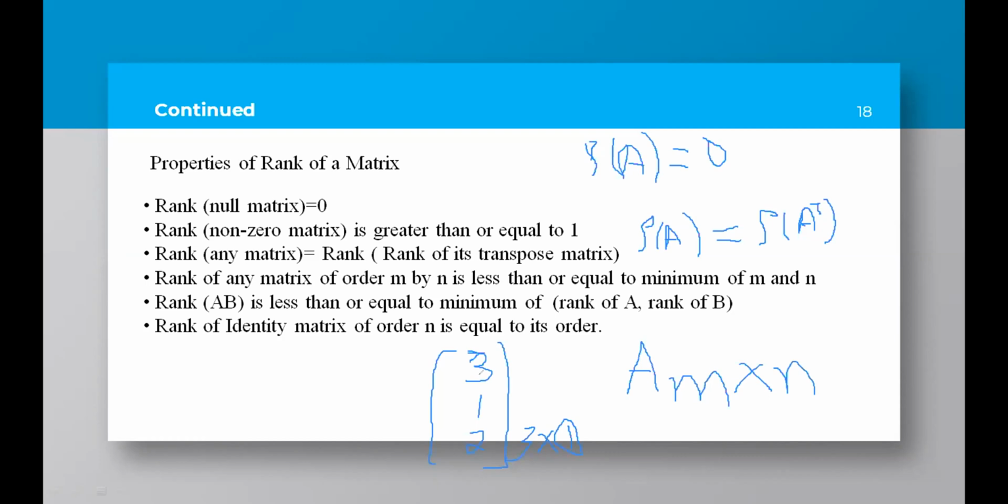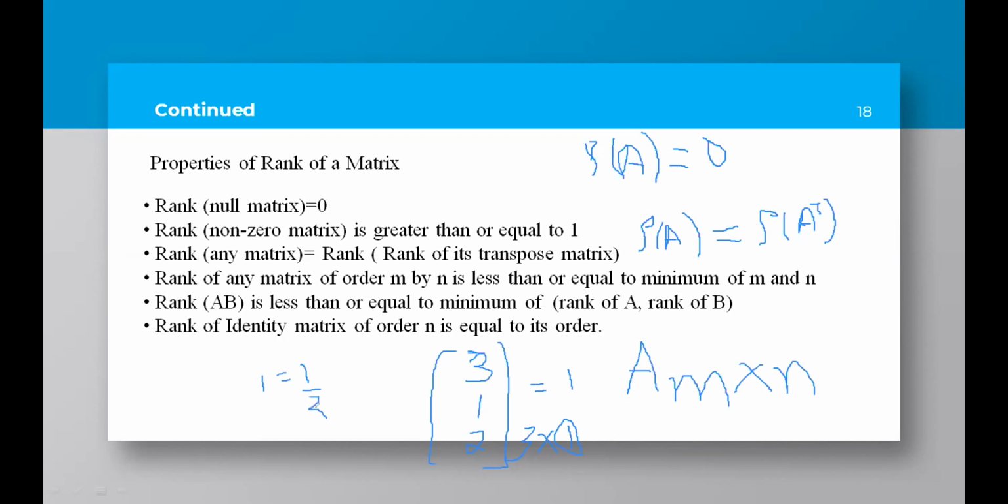Because non-zero entries are there, the rank of this matrix will definitely be 1, because we can express the other elements in terms of the first element or any other element. If you consider 1, we can write it in terms of R1 as 1 by 3 into 3.